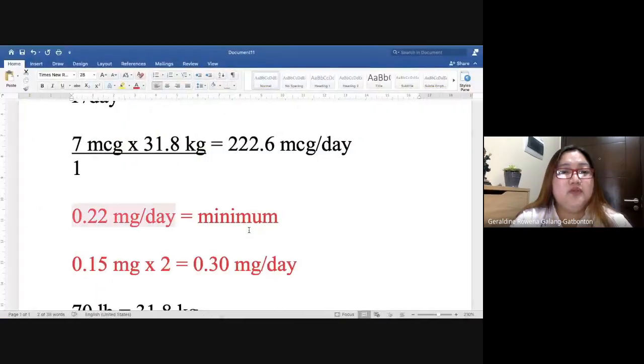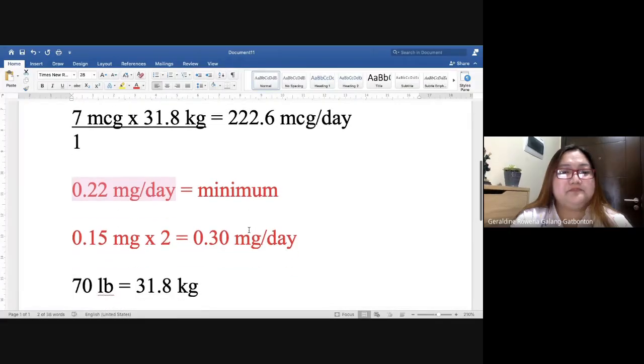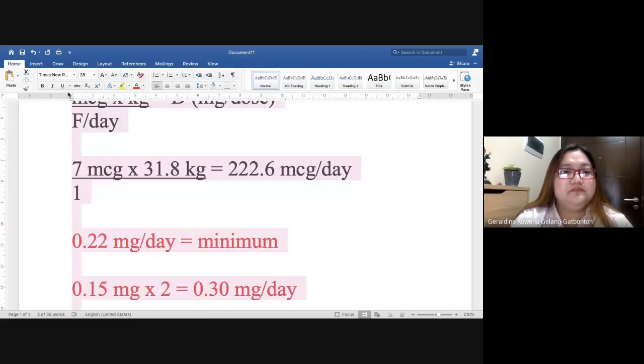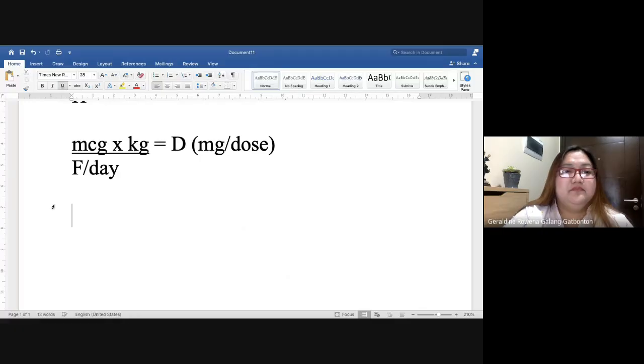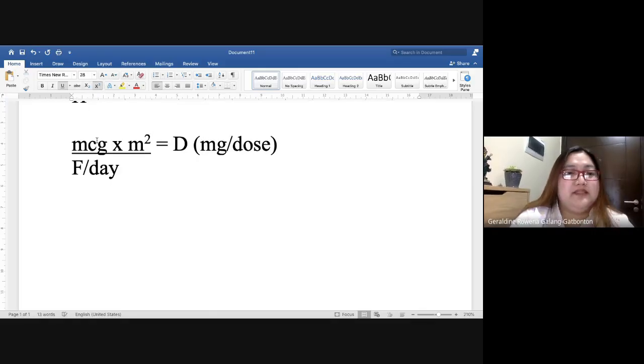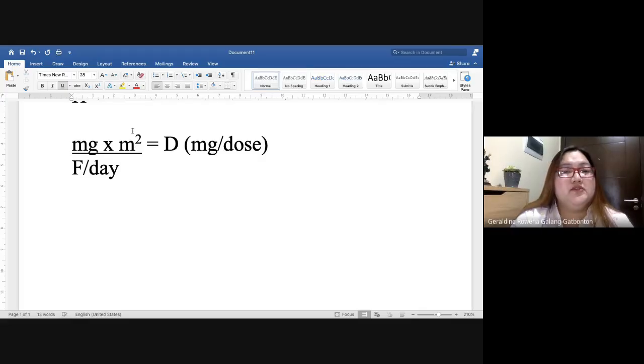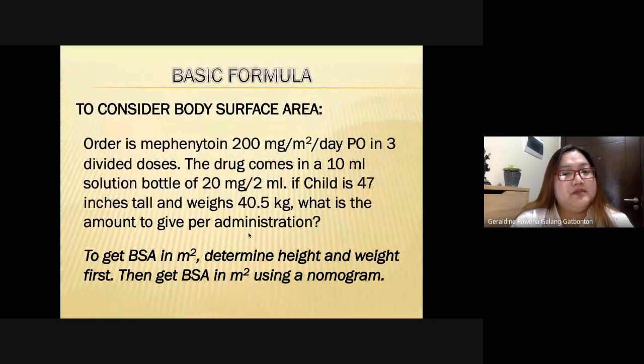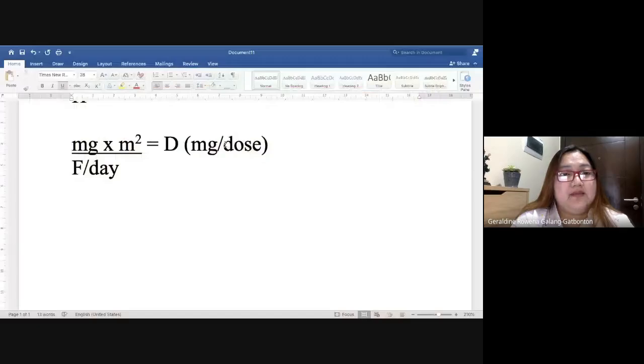So, kung ito yung formula, the same formula, di ba? Pero, ano yung ginawa natin doon sa kilogram? Pinalitan natin siya ng squared. Alright? So, ang hinahanap, amount per administration, which means, ang hinahanap natin, ito. Gaano kadami per administration, gaano kadami per dose na magbibigay ka.